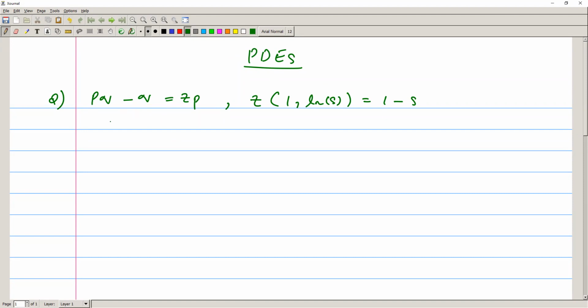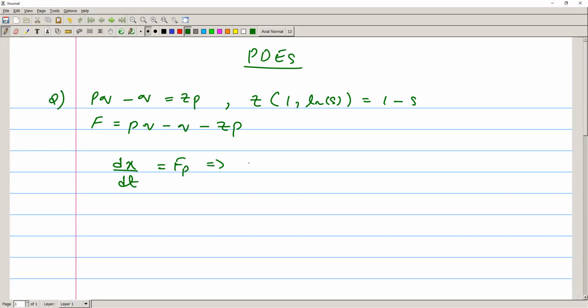First of all, let's say that f is equal to pq minus q minus z times p. Now the first characteristic curve is dx over dt is equal to fp, that is the partial derivative with respect to p.